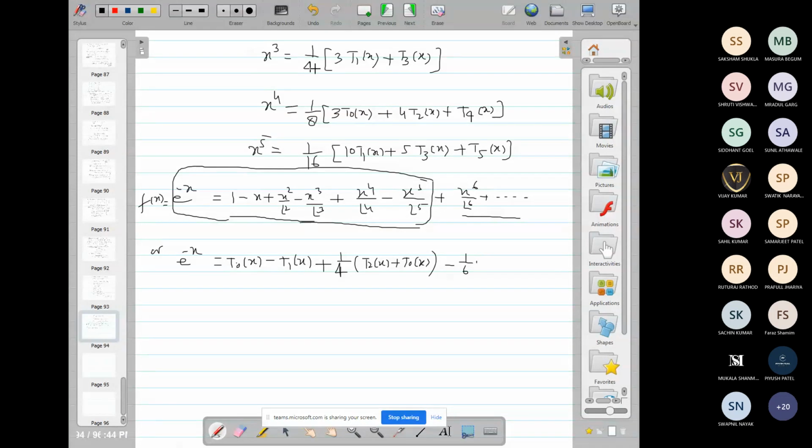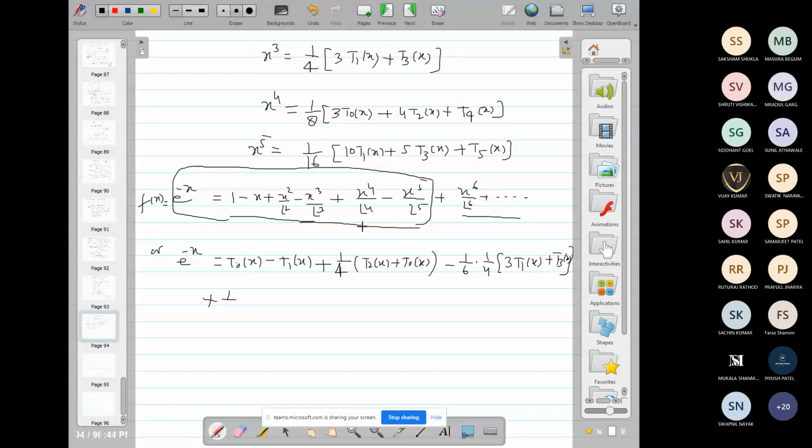X cube is here 1/4 into (3t1x + t3x). And the next term is plus 1 by factorial 4.